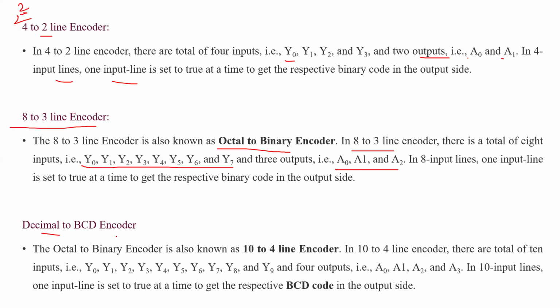And for the decimal to BCD encoder, we have the 10 to 4 line encoder. That is called the decimal to BCD encoder. It has y0 to y9 as inputs and 4 outputs, a0 to a3.